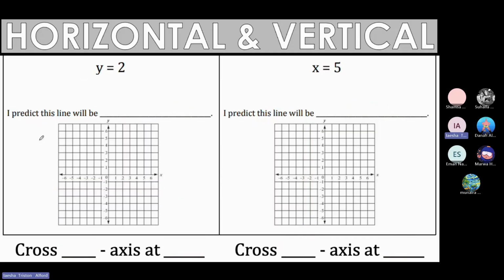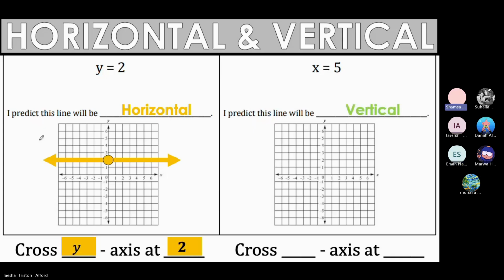This one, y equal +2, should be what kind of line? Horizontal, cross what? Y-axis. At? +2. So go to the y-axis, put a point at +2, make the horizontal line. X equal +5 should be what kind of line?